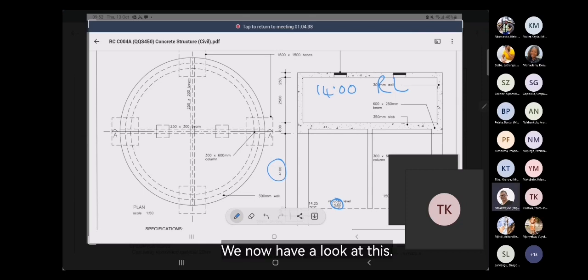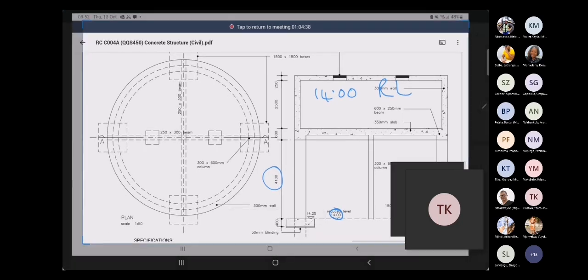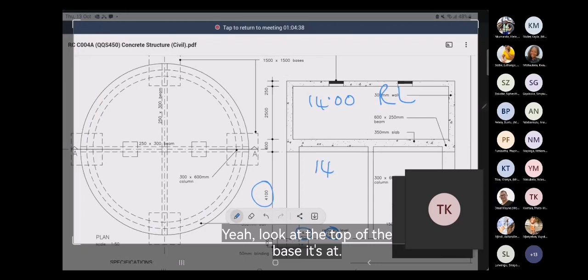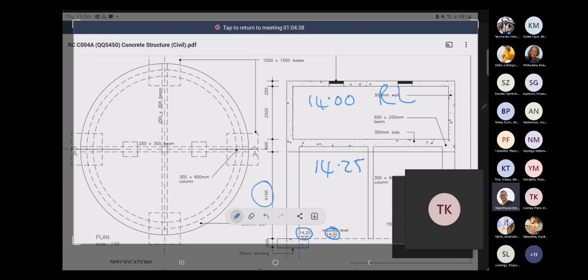Now have a look at this. Have a look at the top of the base. It's at 14.25. So what does that tell me?